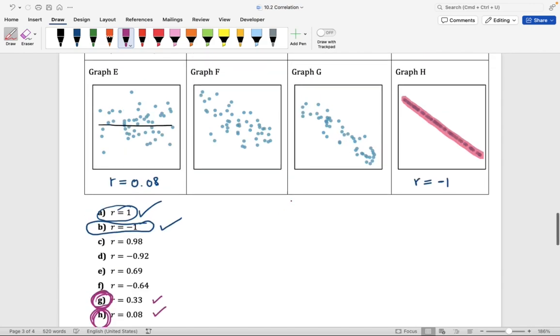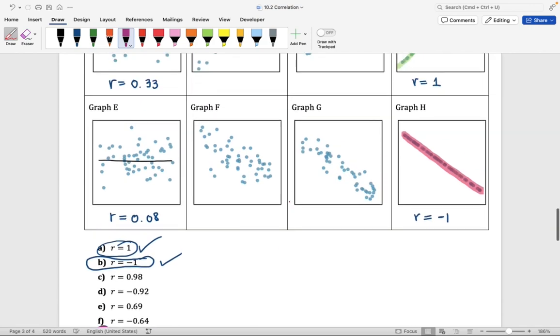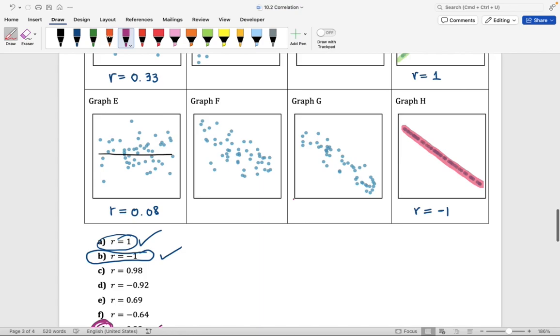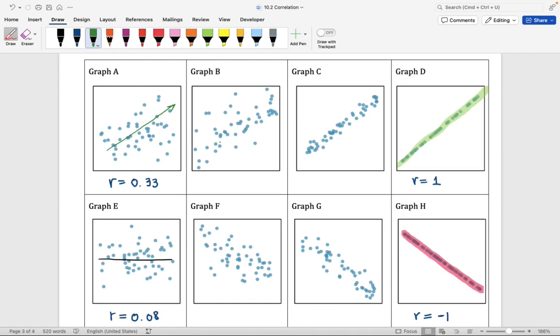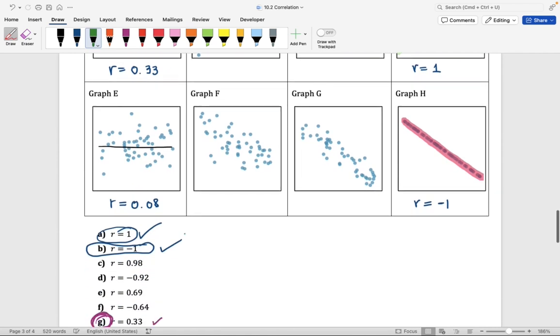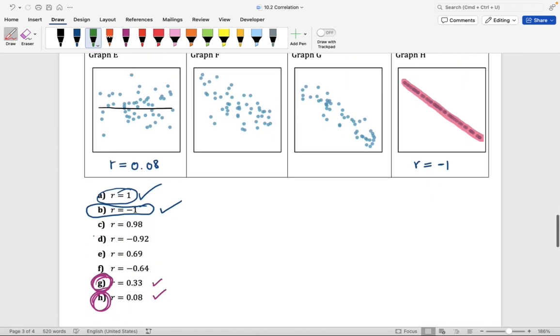Now I'm actually going to stop here and let you finish this on your own. I will give you some hints. Notice here, graph B has a positive linear relationship. Graph C also has a positive linear relationship. So we're expecting an R value that is positive for these two graphs. Think about the R values that you have left that are positive.